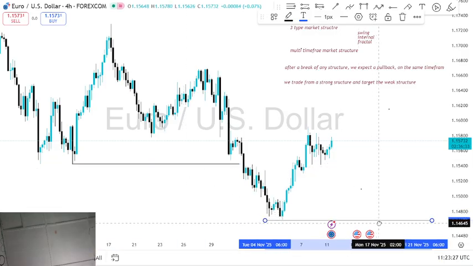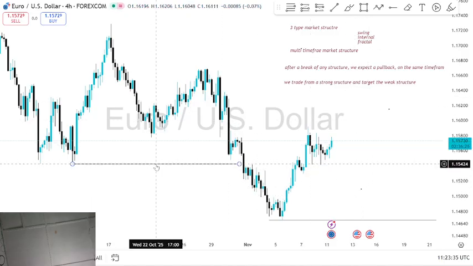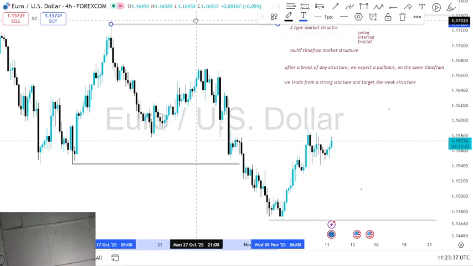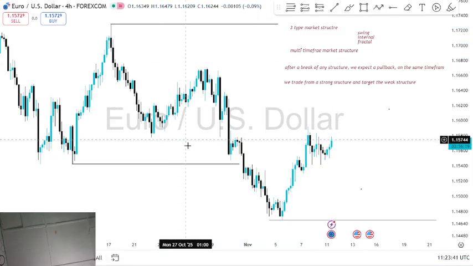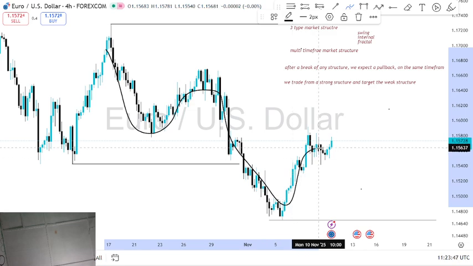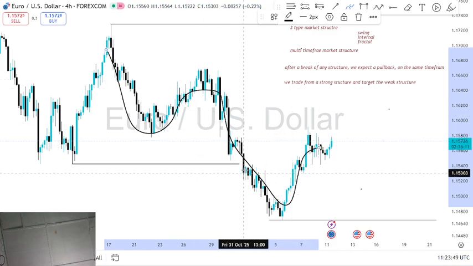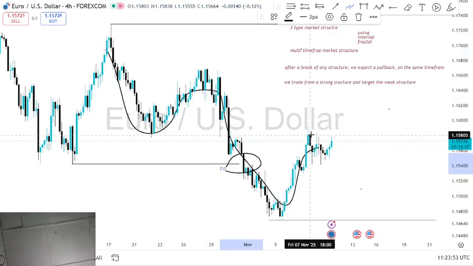Looking at what is happening, you can see that this swing trend is bearish, and after a swing break of structure, we are expecting a swing pullback.